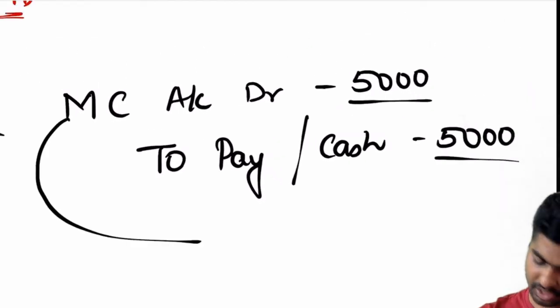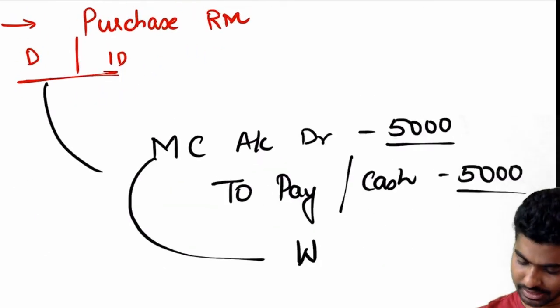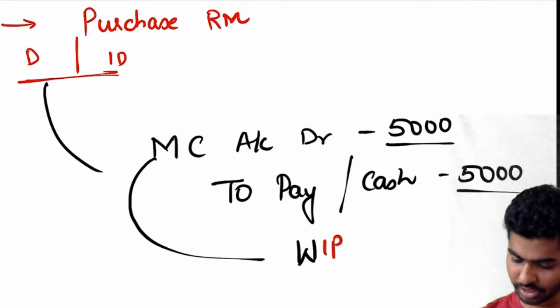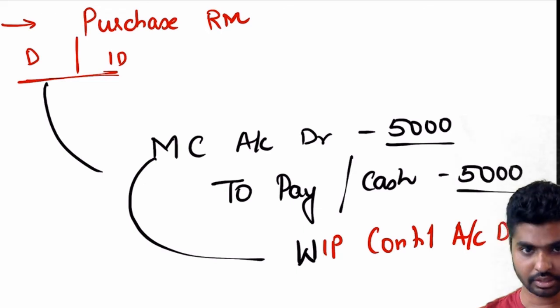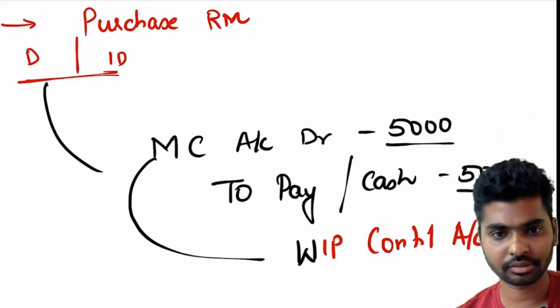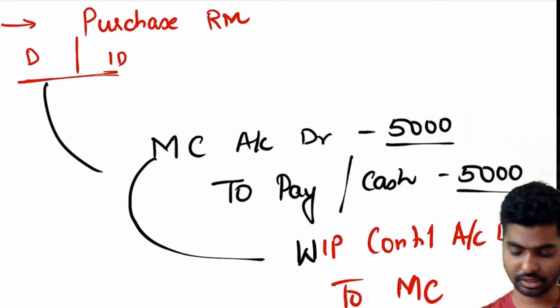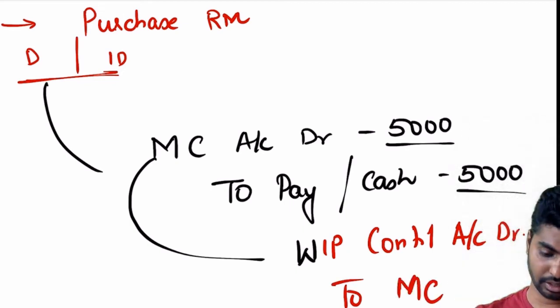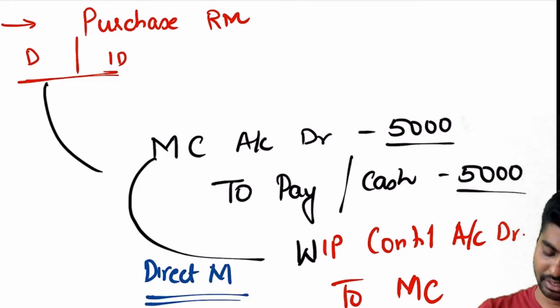From this, you will transfer it to two things. If you transfer it to production, it will be called WIP control account debit to material control. This is when I transfer my direct material.